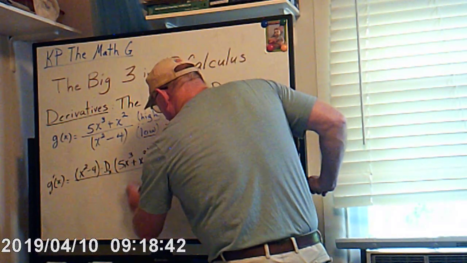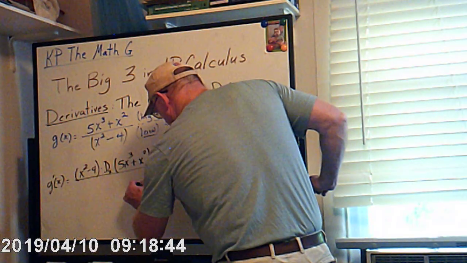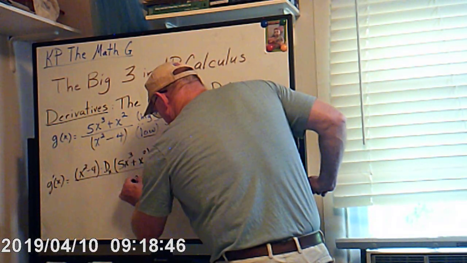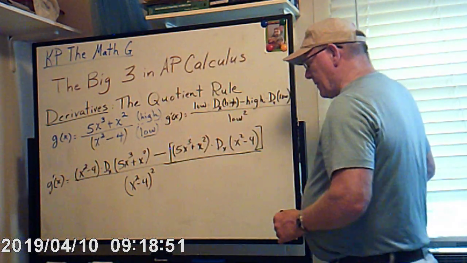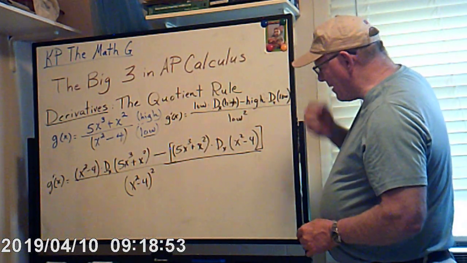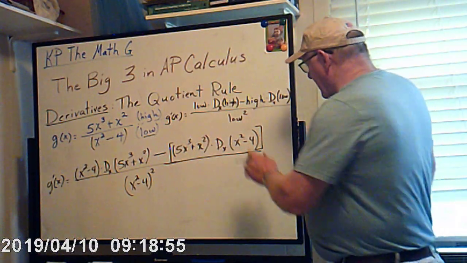Okay, low squared: x squared minus 4, squared. Alright, so we squared the denominator.